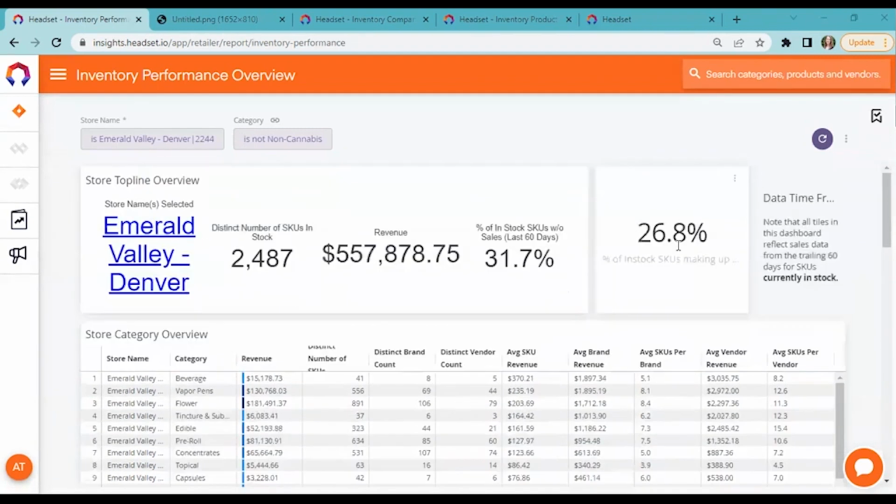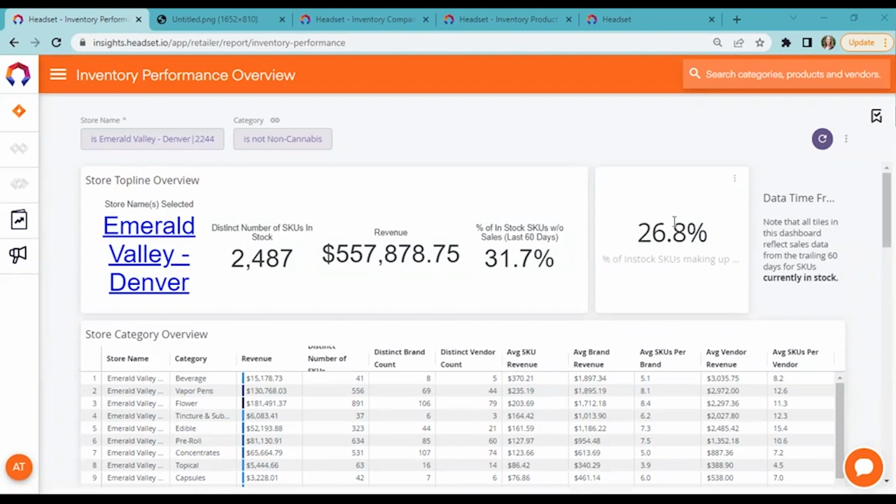The next tile is playing off of the Pareto principle. It's the percentage of in-stock SKUs that are making up 80% of your sales. Usually we like to follow the 80-20 rule, and we say that's a good indication that the retail is going pretty well.